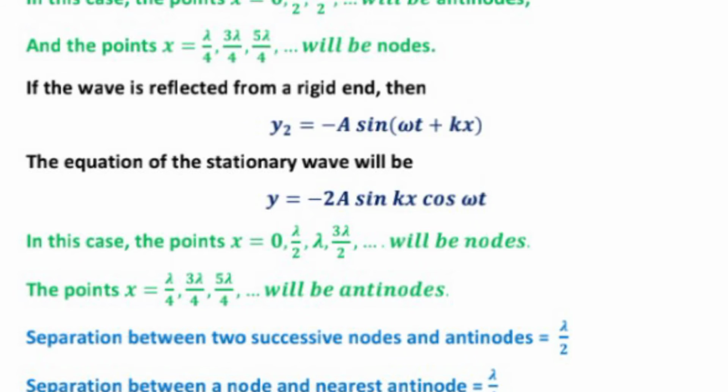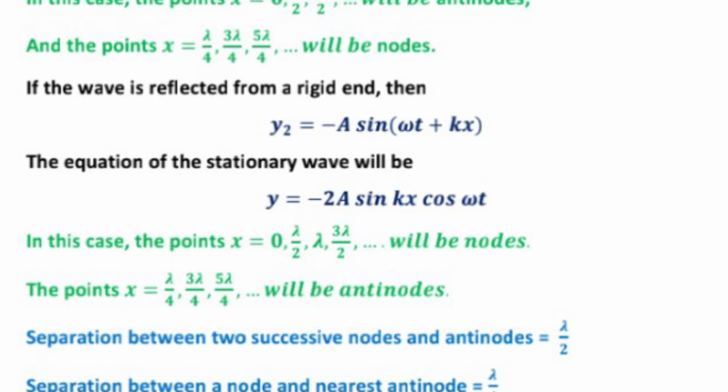If the wave is reflected from a rigid end, then y2 equals minus a sine (omega t plus kx). The equation of the stationary wave will be y equals minus 2a sine kx cos omega t. In this case, the points x equals 0, lambda upon 2, lambda, 3 lambda upon 2 will be nodes.